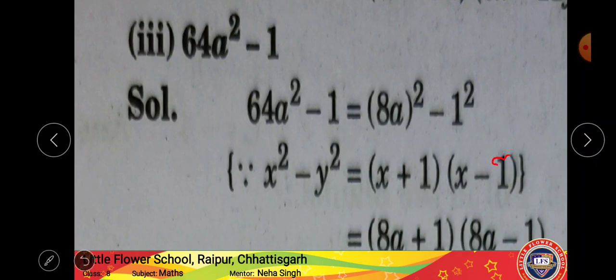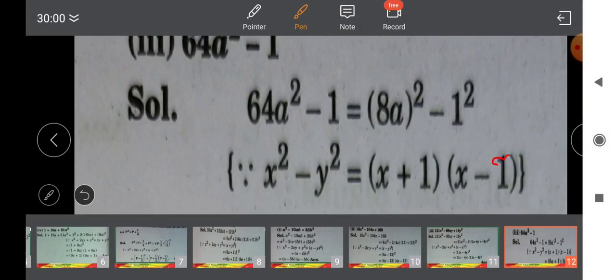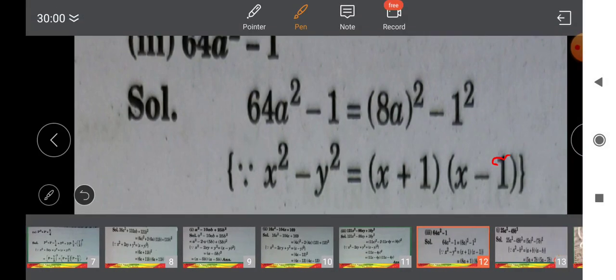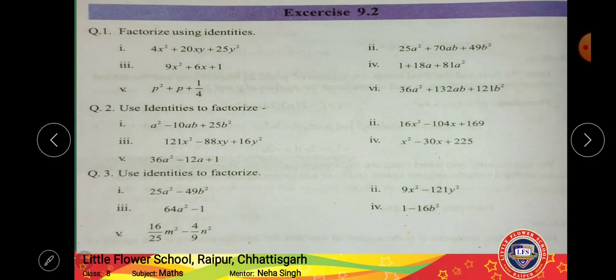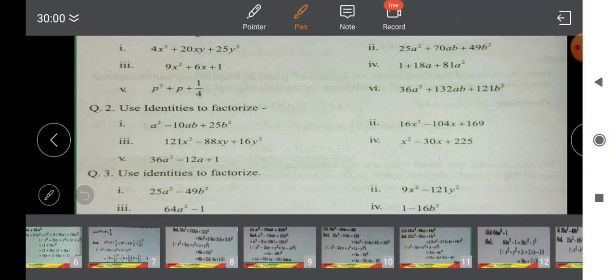Now, this is in the form... Third question, use identities to factorize. Right? First it is, see, 25a square minus 49b square.